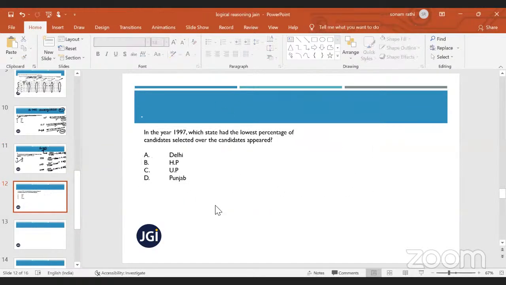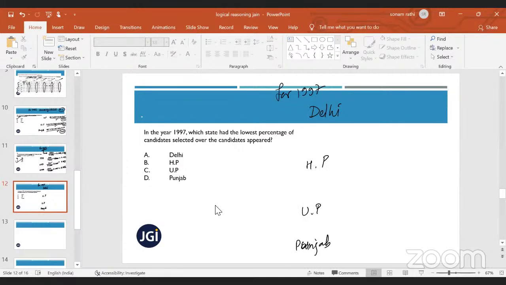In year 1997, which state had the lowest percentage of candidates selected over the candidates appeared? Only for which year are they talking about? 1997. So for 1997, we will calculate for Delhi, for HP, for UP, and for Punjab.